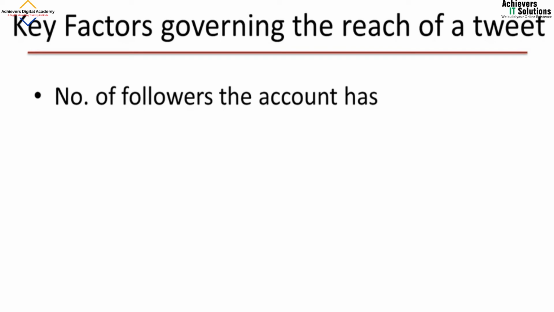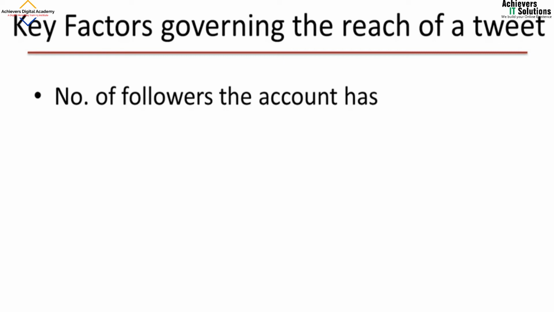So if you have a brand A that has 5,000 followers and a brand B that has 1,000 followers, assuming that the followers are all high quality and all other factors concerning the tweet remaining the same, brand A, which has more followers, would have a larger potential reach for the tweet.